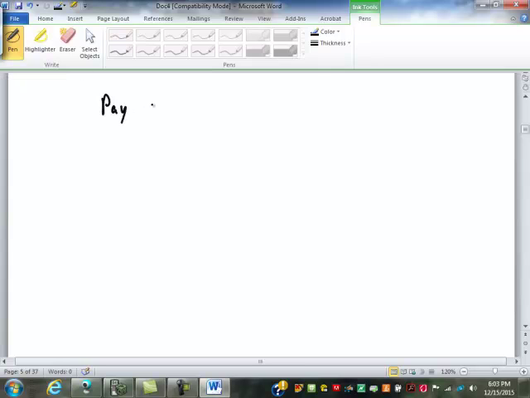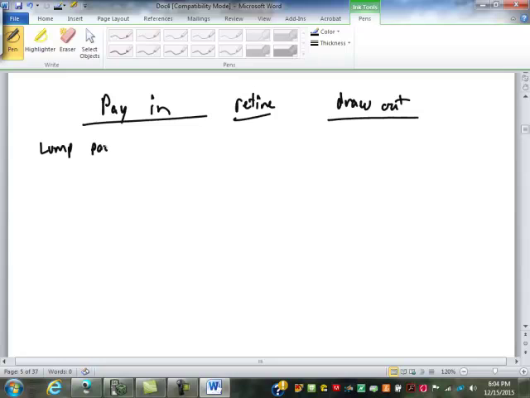So we're going to do a little chart here just to figure out which way this is going. And remember, on each side you have a lump sum, a payment, a percent, and a time.